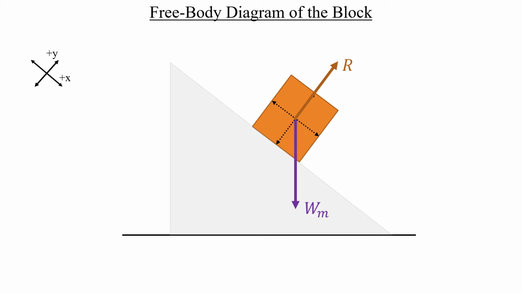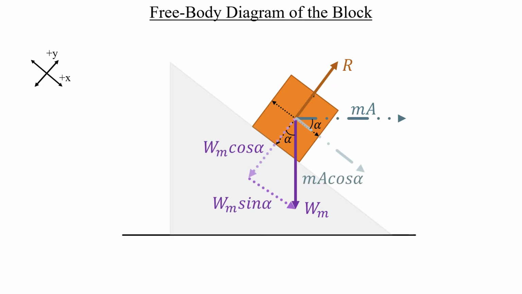Let's give this fictitious force a special kind of vector to differentiate it from the other forces acting on the block, like this. Both the weight vector and this fictitious force act at angle alpha, so we can include that here as well, and grab our vector components for both vectors, like this. Let's also include an acceleration vector off to the side for the block.